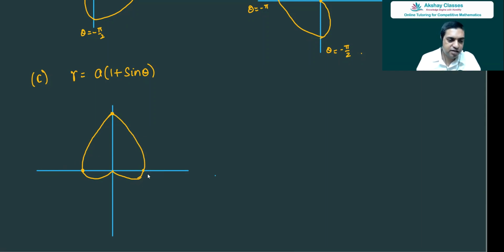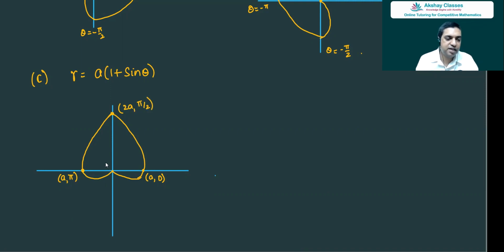In this particular case, this is a comma 0. This is a comma pi. This point is 2a comma pi by 2, the r comma theta point.